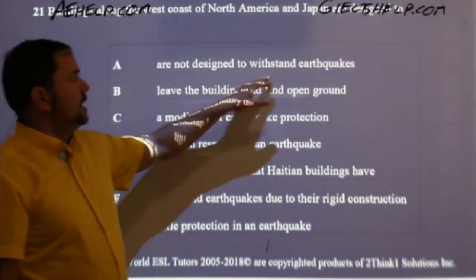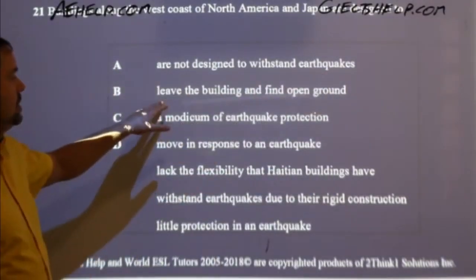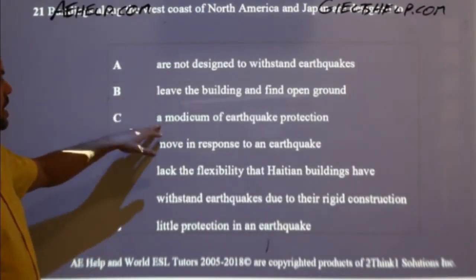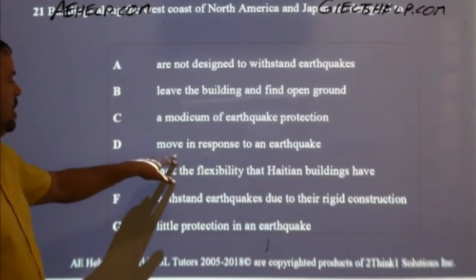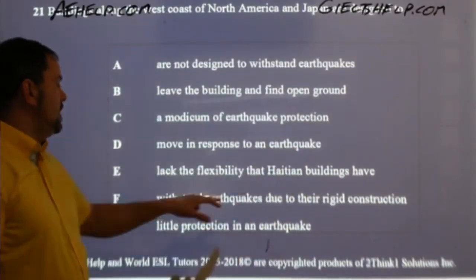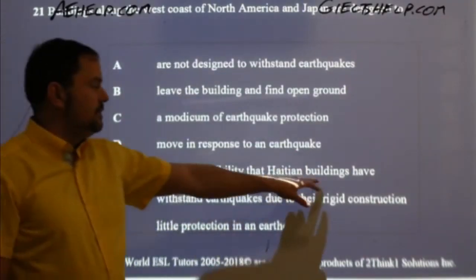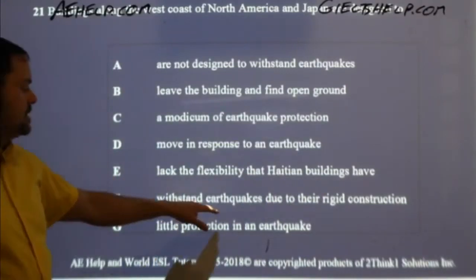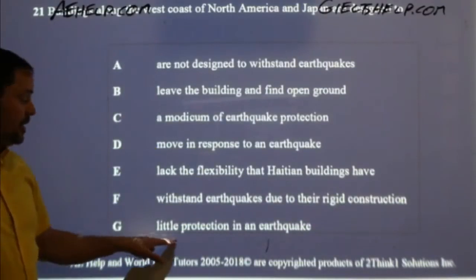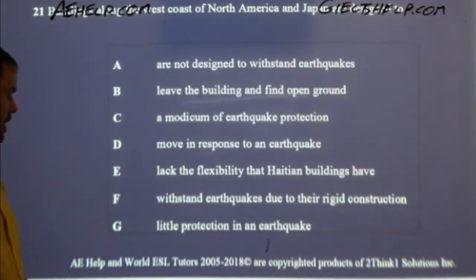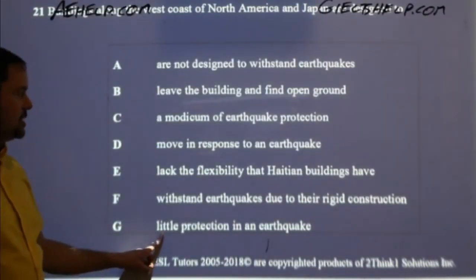Are not designed to withstand earthquakes. That looks interesting. A modicum of earthquake protection. I don't know. Move in response to an earthquake. Lack the flexibility that Haitian buildings have. Withstand earthquakes due to their rigid construction. Little protection in an earthquake. This one seems like the closest match.